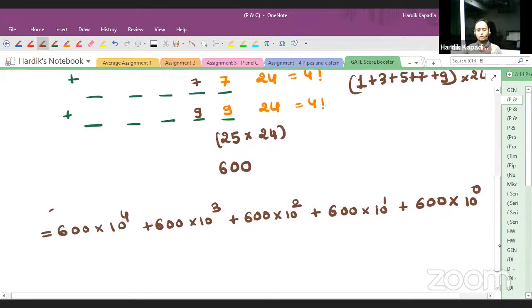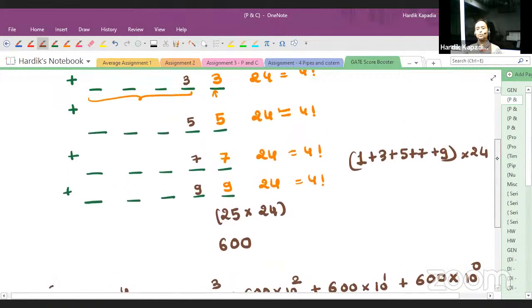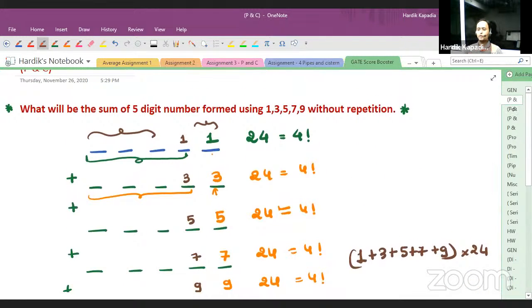So your answer will be 6666600. So this is your answer, not 120 or 5. Your answer is 6666600. Okay. So now we'll quickly move on to the next question.